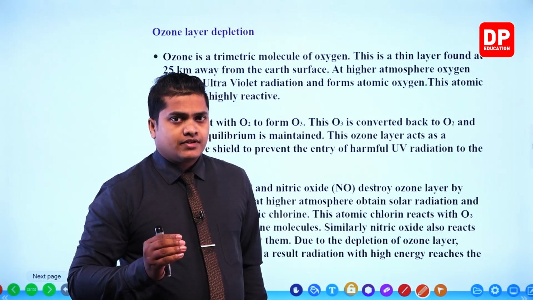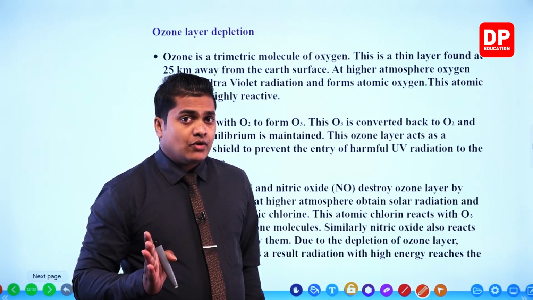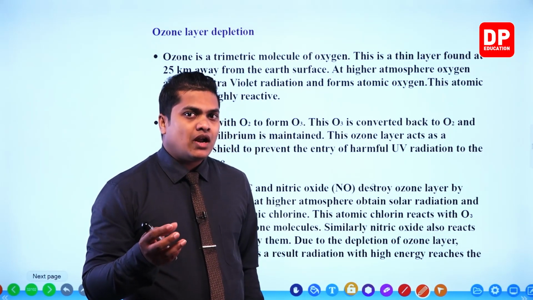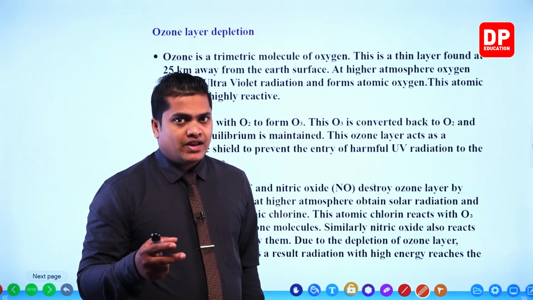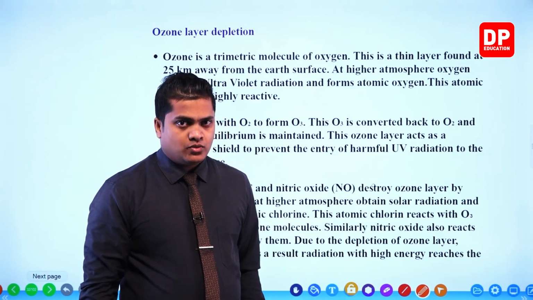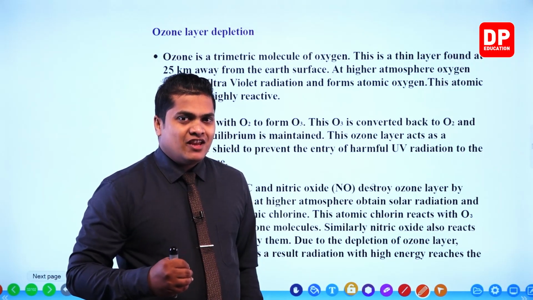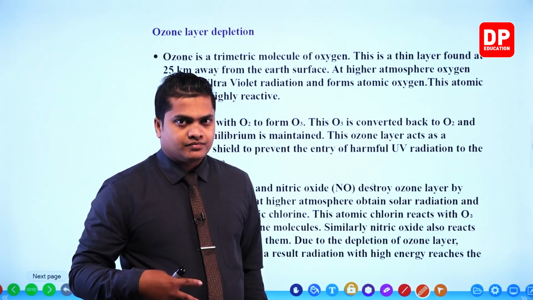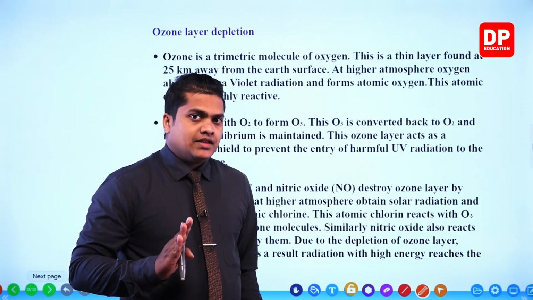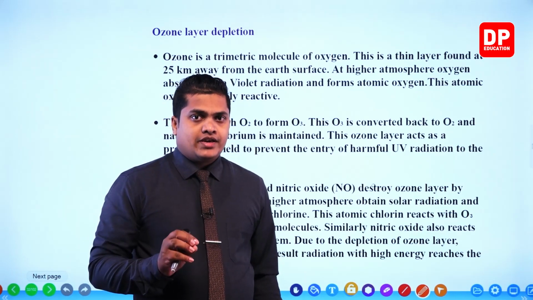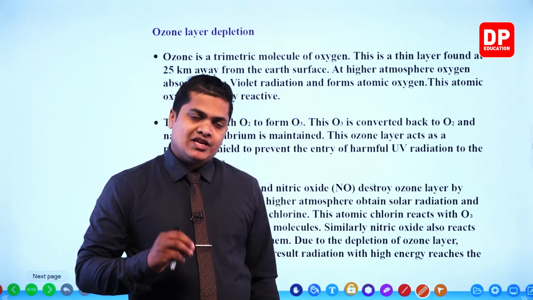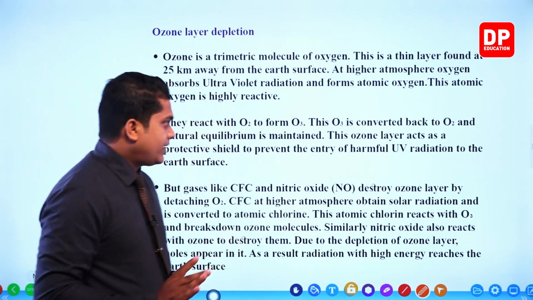Then it breaks down into oxygen molecules. Then once again oxygen can absorb ultraviolet radiation and break down into atomic oxygen to create ozone molecule as well. So here there is a well balanced situation. Naturally, the creation of ozone and the creation of oxygen from ozone has a balanced situation in natural conditions, right?